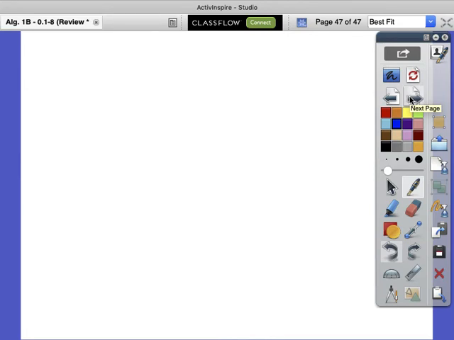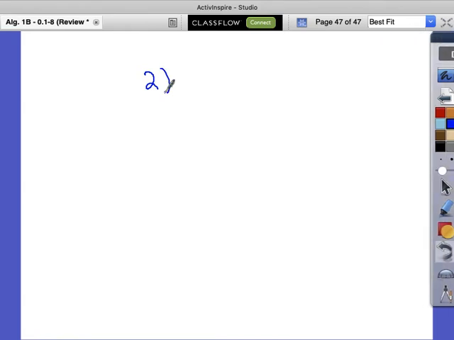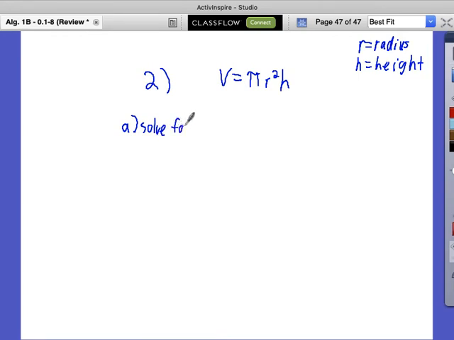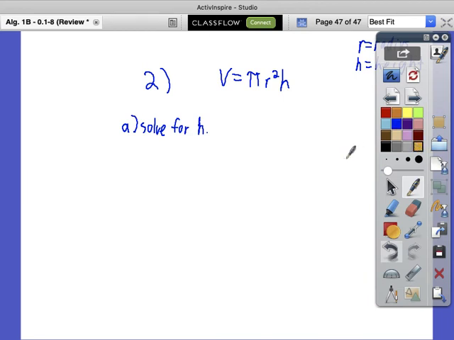The formula for the volume of the cylinder is V equals pi r squared times h, where r is the radius and h is the height. And we're asked to solve for h. Okay, what's happening with h right now?